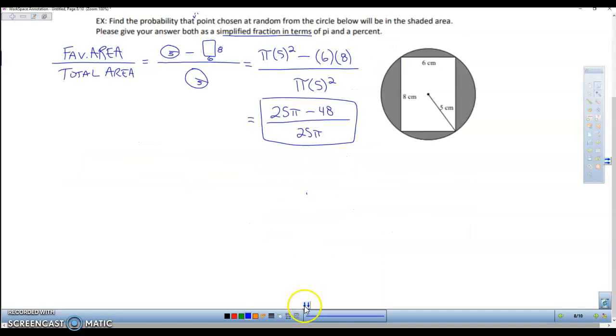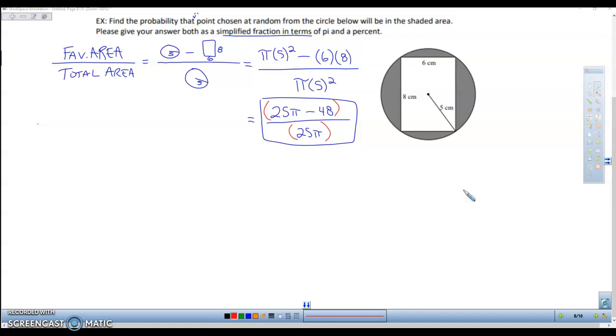When you find the percentage, it's really important you understand how to put this in your calculator by following the order of operations. My suggestion, before you put it in the calculator, is to put a parenthesis around the numerator and the denominator individually, and you won't get it wrong. All right, so let me punch this in my calculator. I've got 25 pi minus 48 in parentheses in the numerator, divided by 25 pi in parentheses in the denominator.